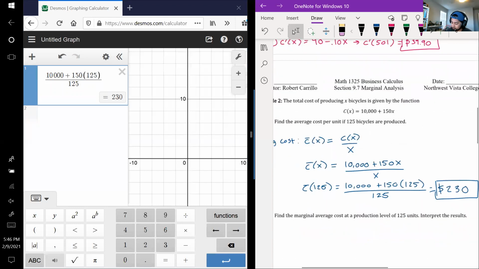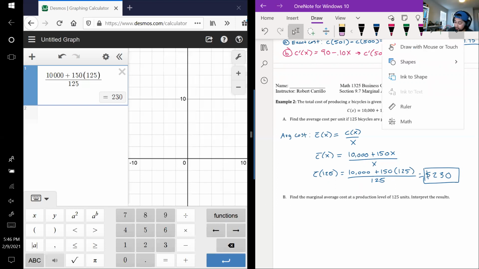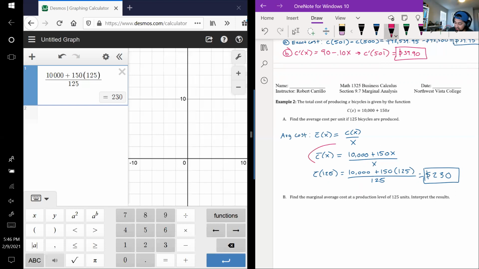Okay. Now, B says, find the marginal average cost at a production level of 125 units and interpret the results. Okay. So we're going to find the marginal average cost, which means we're going to take the derivative of the average cost function. So let me just zoom back in on the notes.